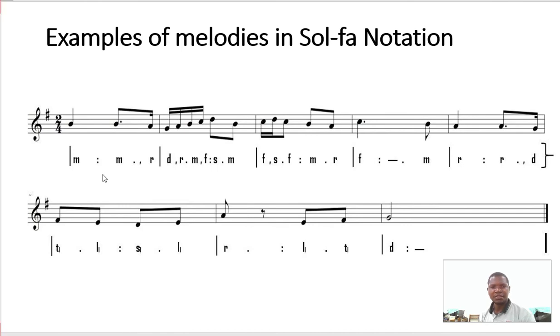Mi, re, do, re, mi, fa, sol, fa, mi, fa, mi, re, do, ti, la, sol, la, re, la, ti, do. So explore and be able to clap the rhythm.